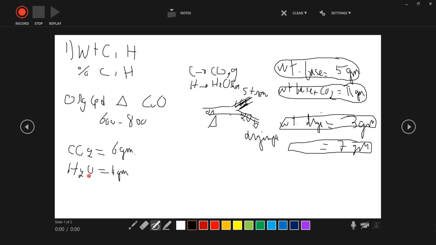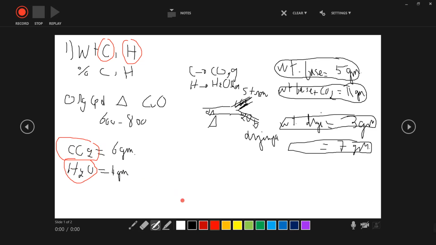But can I stop here and say that I finished my aim? I cannot stop here. Why? Because my aim was to find the weight of carbon and the weight of hydrogen. What I got here, I got only the weight of carbon dioxide and the water. No, I want to know specifically the weight of carbon and the weight of hydrogen, not the weight of carbon dioxide and water.